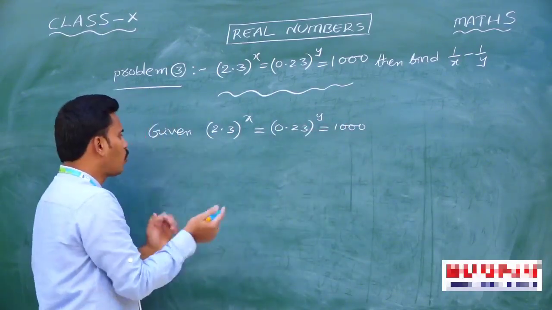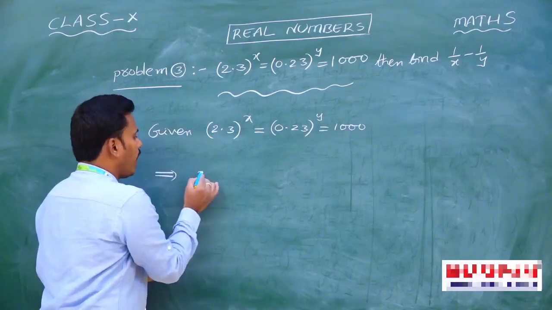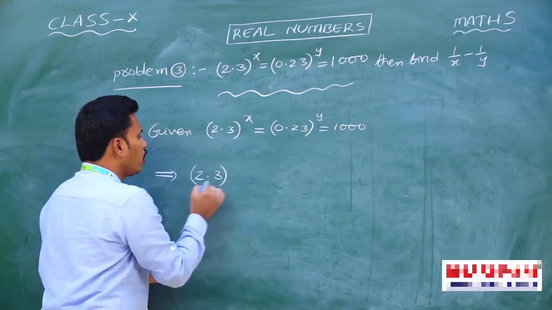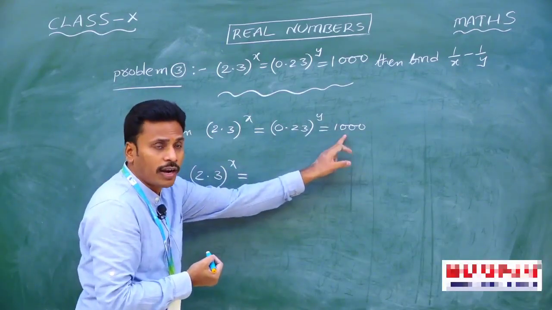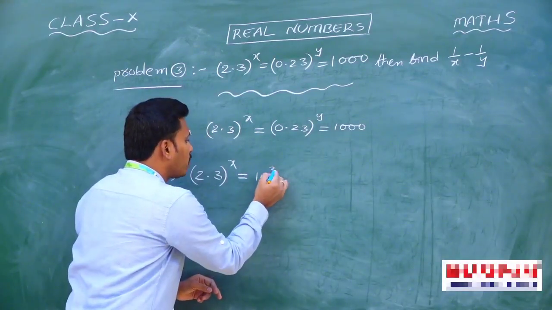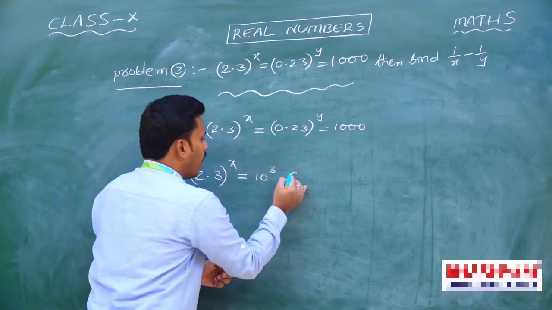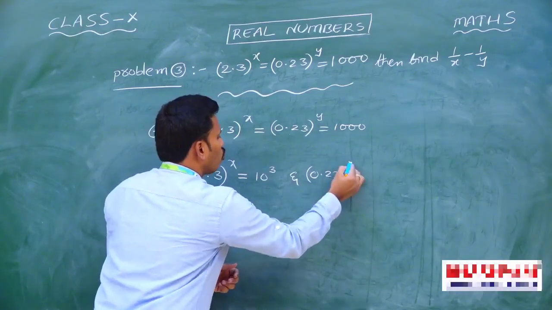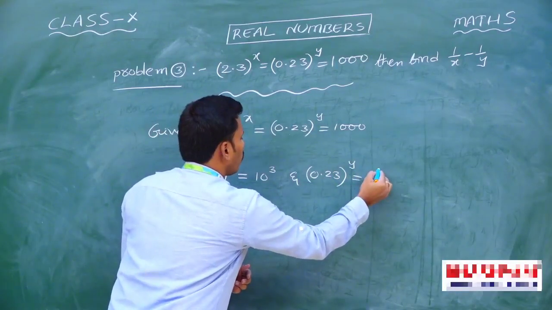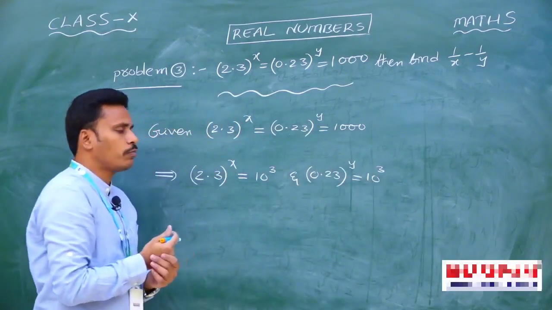So you just write 2 different statements. This implies 2.3 to the power x is equal to the third one, 1000, right? I will write that 1000 as 10 cube. And 0.23 to the power y is again equal to 1000, which is 10 cube.